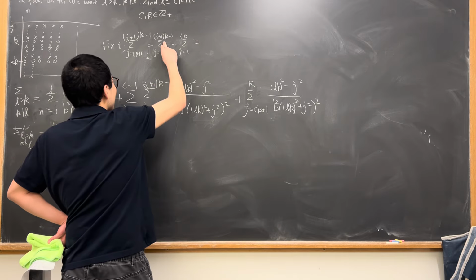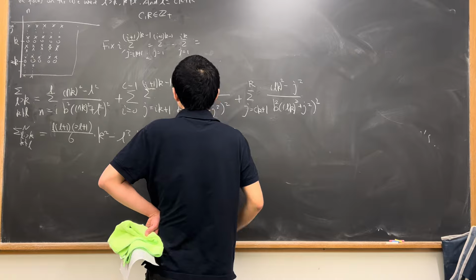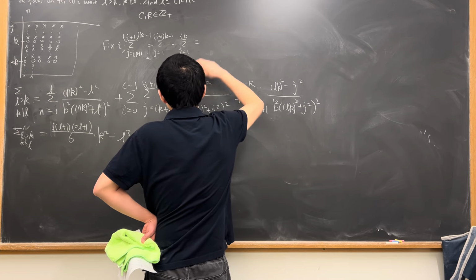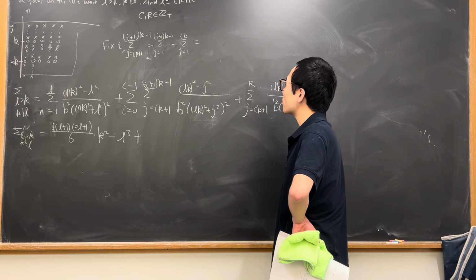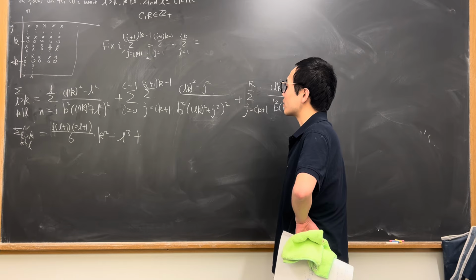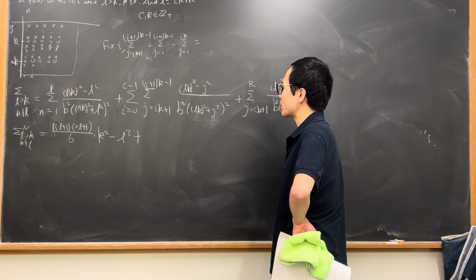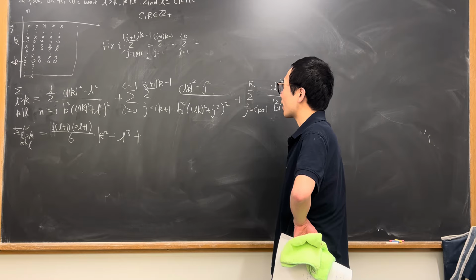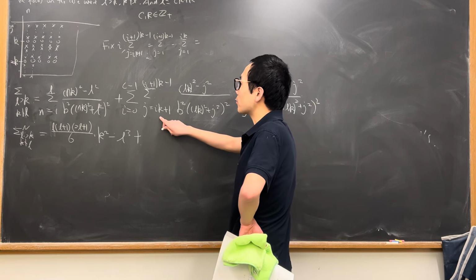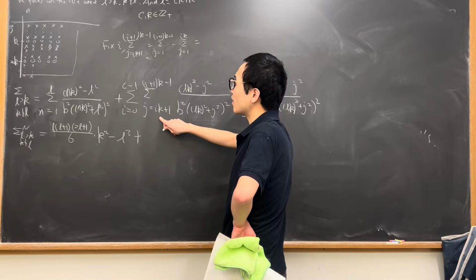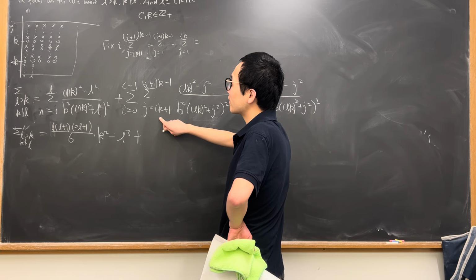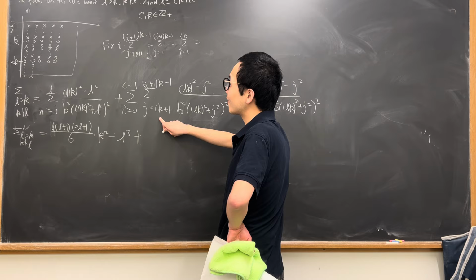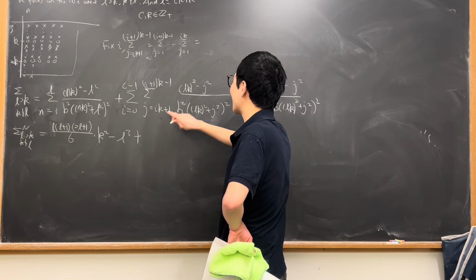So for the upper one, we have this lk square being multiplied by, yeah, I think it should be k minus 1, right?